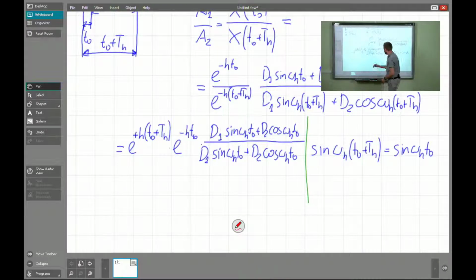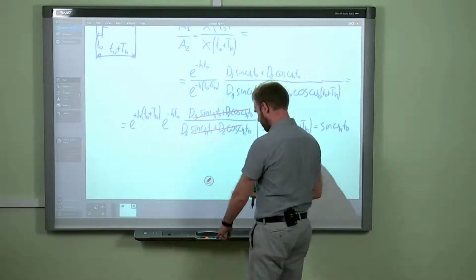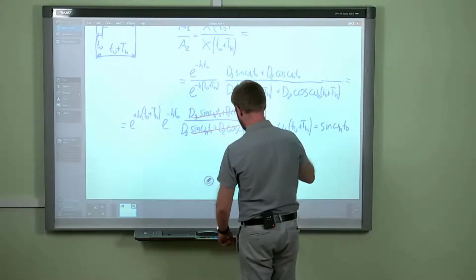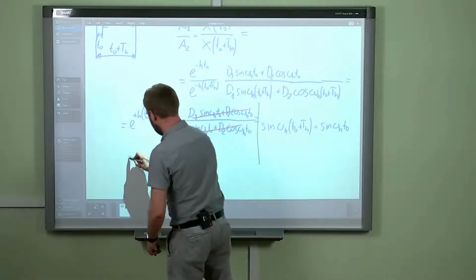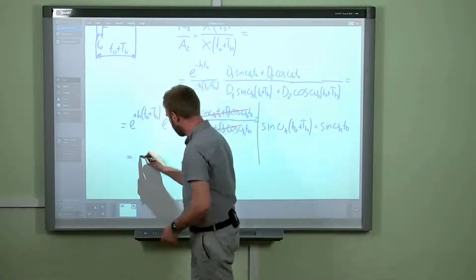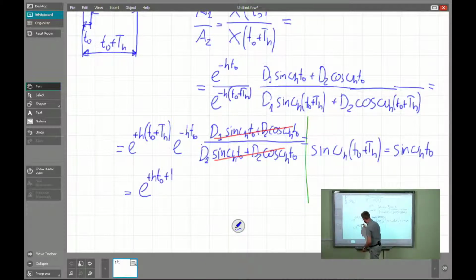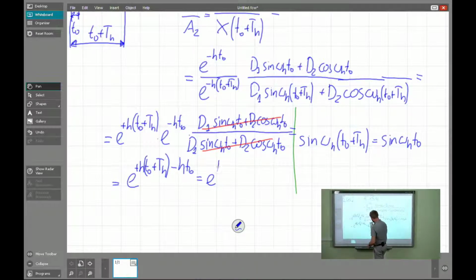Okay, and it means that we can simplify that equation because in the numerator and denominator we see exactly the same thing. As a final result we get the difference of the powers of those exponential functions, because due to the rules for such an expression, it will be plus h (T0 plus TH) in the braces minus h T0. It means as a final result we get e to the h TH, such a thing.